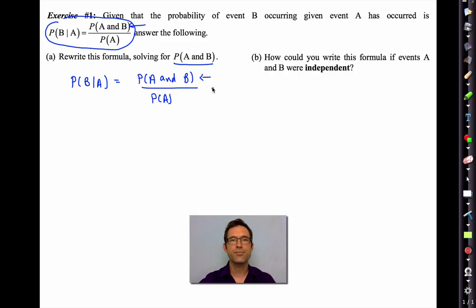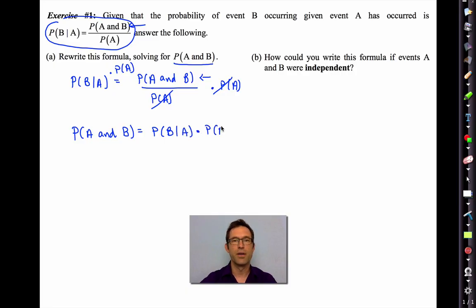All right. Well, it's pretty easy. I mean, to solve for that quantity, we just have to undo what's been done to it, which is division by P of A, and we just get the probability of A and B occurring is going to be the probability of B given A times the probability of A, or vice versa.